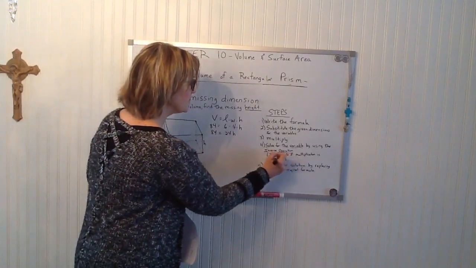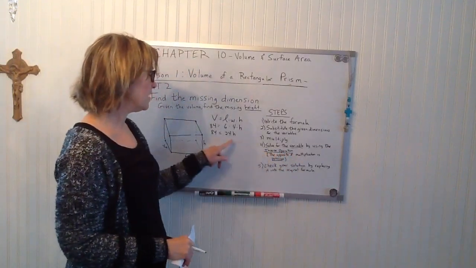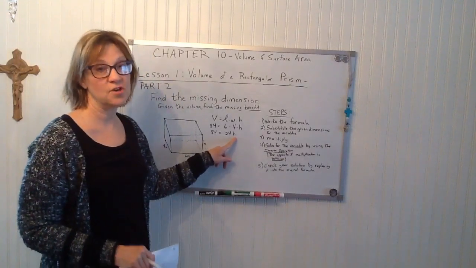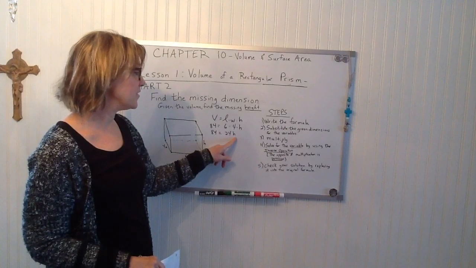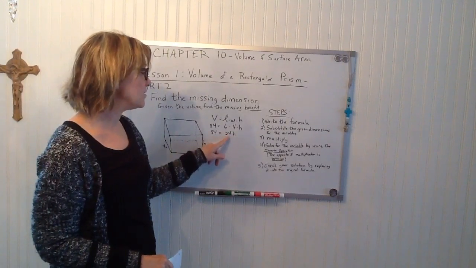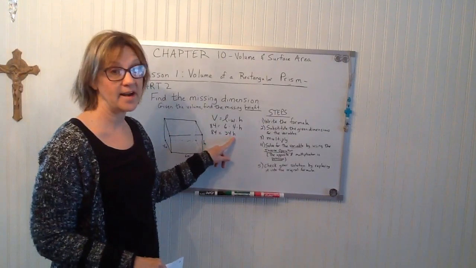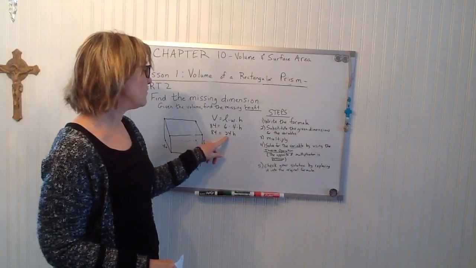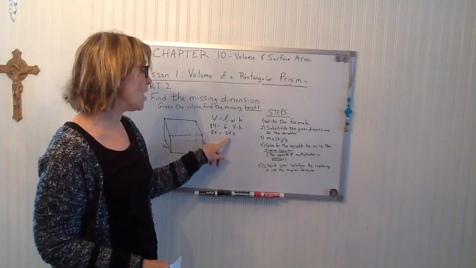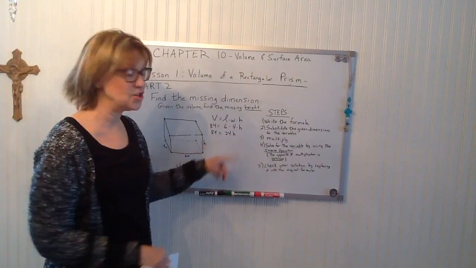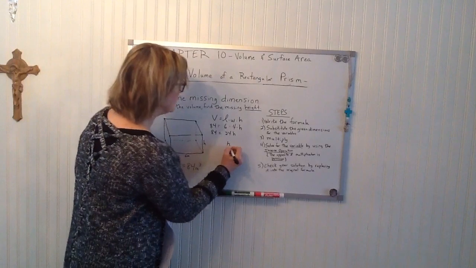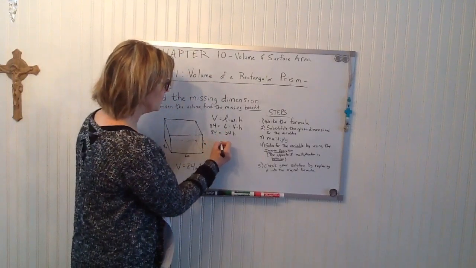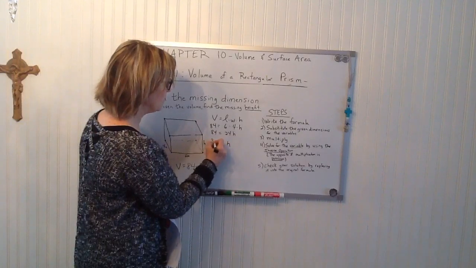So the inverse, or the opposite, of multiplication is division. So in order to get h all by itself, or to solve for h, the opposite of multiplying by 24 is dividing by 24. So if I divided 24 by 24, I get 1, so that would leave my 1h here. And if I divided 84 by 24, I would get 3.5.